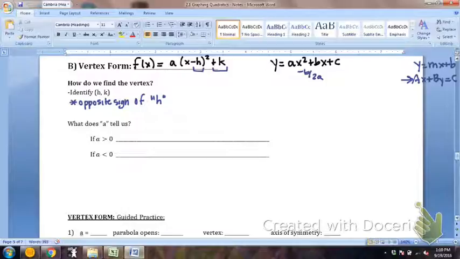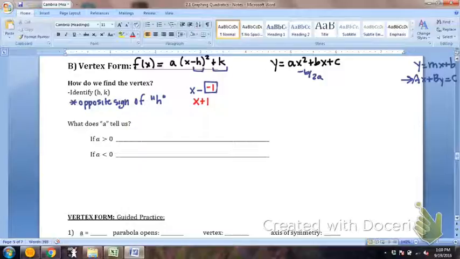Because the equation really says take x and subtract whatever your h value is. If that h value was a negative 1, what does that look like? What's minus a minus? It's really going to look like x plus 1.